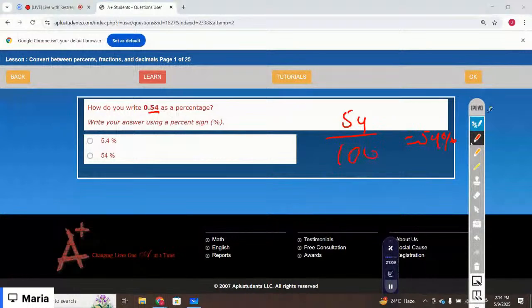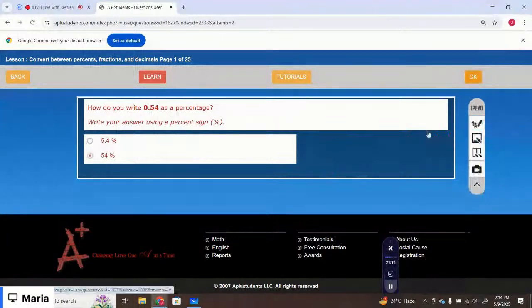Option number 2 is the correct option. That is 54%.